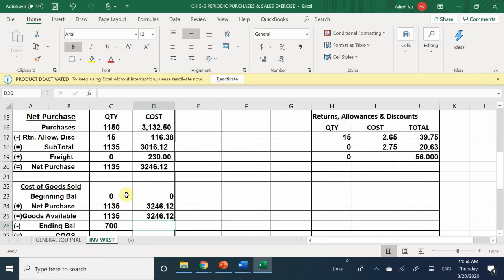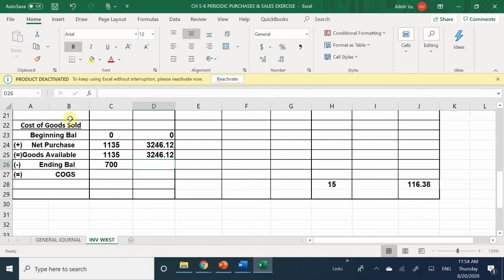All right. So here our total goods is going to be 1135 items, equaling 3,246.12. Okay.